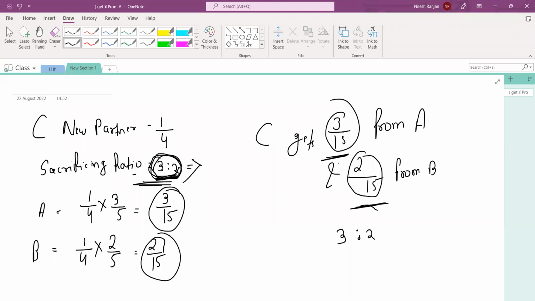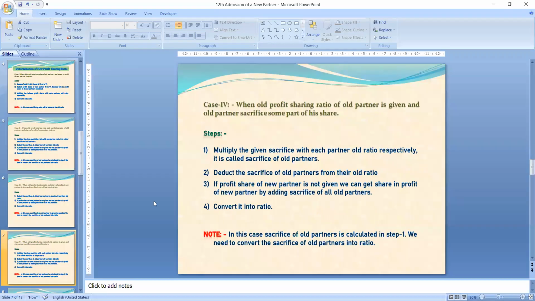Yes, sir. Okay. And now case 4 we already know. In this case, we have calculated the sacrificing ratio in step 1. So we need not calculate it in addition to the new ratio, because we have already calculated the sacrificing ratio in the process of calculating the new ratio.